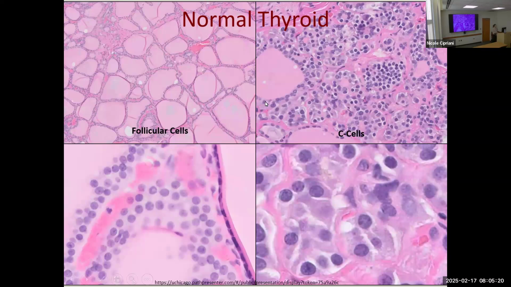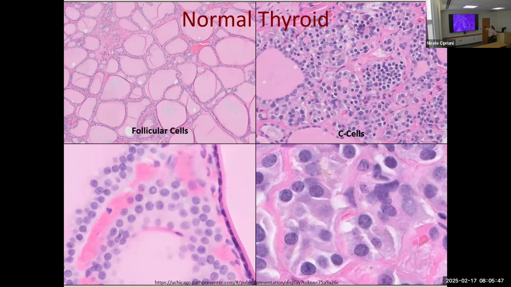What do they look like? Of course, follicular cells are basically balloons full of colloid. If you cut them in cross section, you'll see nice, small, round, dark follicular epithelial cells that are somewhat cuboidal. C cells in the normal thyroid are not usually visible by light microscopy. So if we see them, that usually means they're hyperplastic.